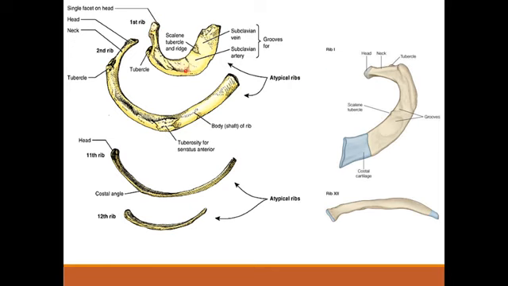And moreover, it is not flattened from side to side، يعني ما بي inner surface و outer surface، upper border و lower border، بالعكس هو مضغوط من الأعلى إلى الأسفل، so that it has superior surface and inferior surface، inner border and outer border، عكس بقية الأضلاع.